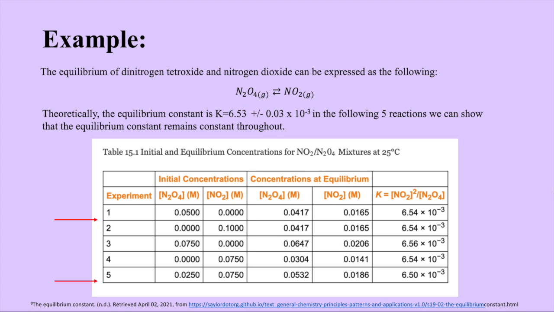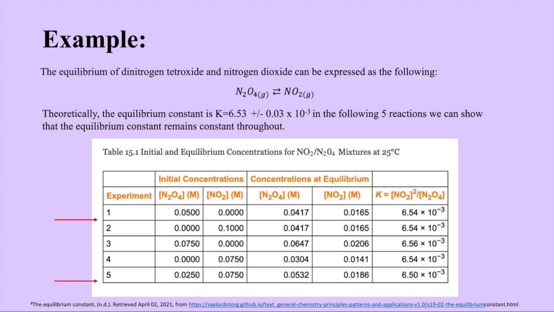The equilibrium constant of the dinitrogen tetroxide and nitrogen dioxide reaction at 298.15 kelvins is theoretically 6.53 plus or minus 0.03 times 10 to the negative 3.